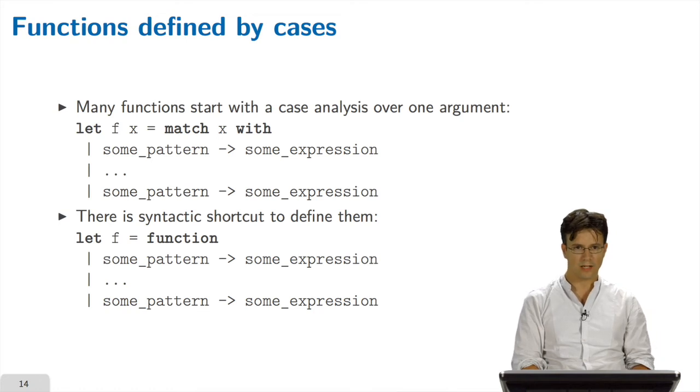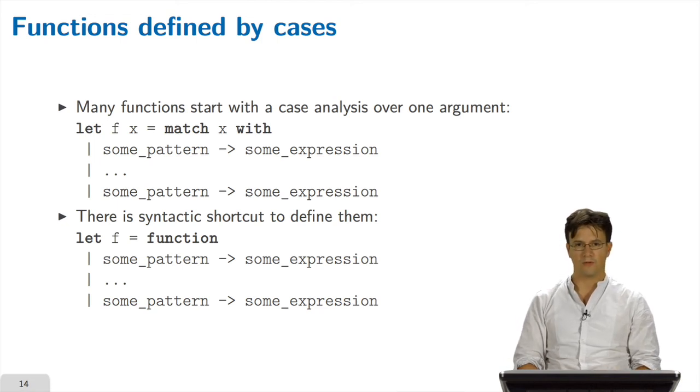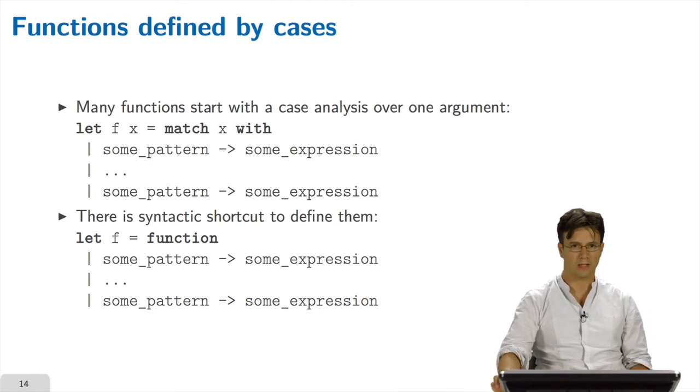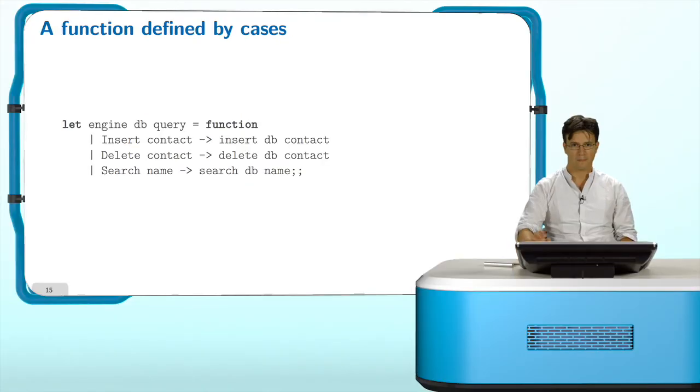It is written just like that. You, as usual, use let to introduce your function identifier, and just after equal, you use the keyword function followed by the different branches of your case analysis. In our example of the engine function, it's just something like that.